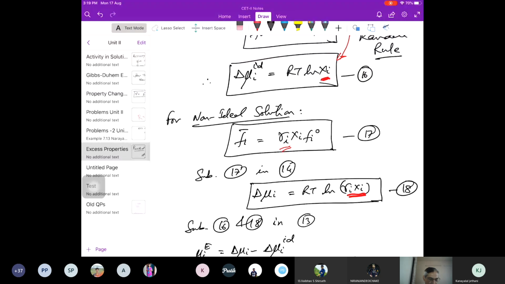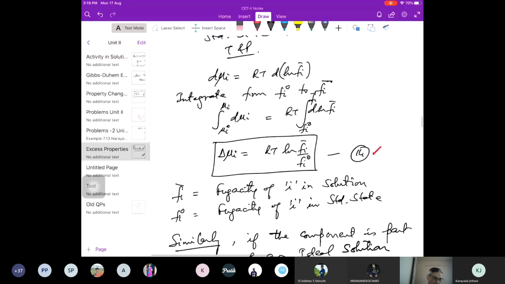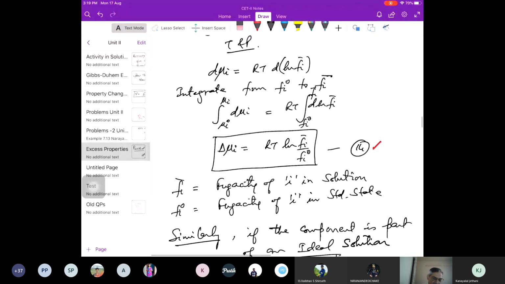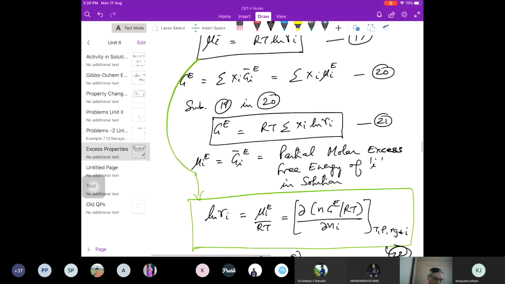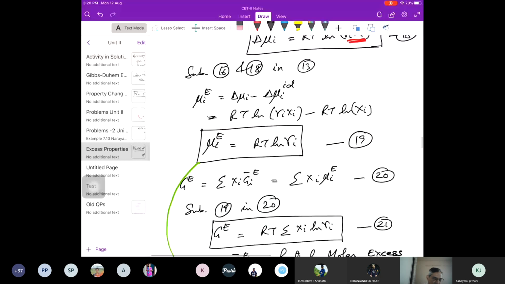Okay? So now we substitute 16 and 18, the equations for delta mu I ideal and delta mu I for the real solution, in 13. 13 is mu I excess is equal to delta mu I minus delta mu I ideal, and what we'll get is mu I excess is equal to RT ln gamma Xi minus RT ln Xi.